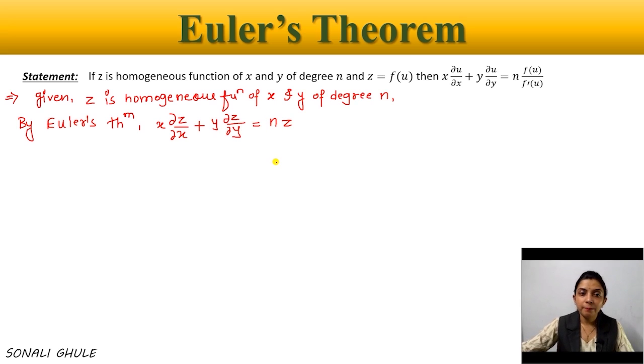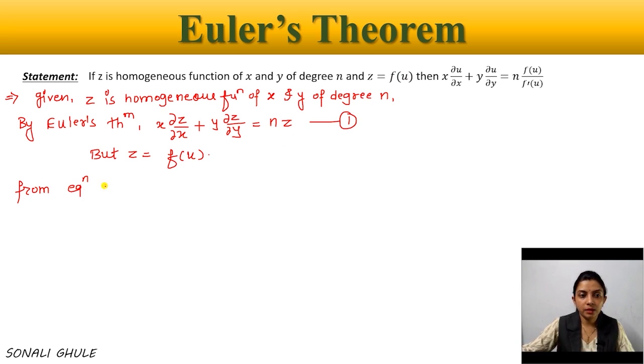Okay, but what is the value of z given to you? F of u, right? z is equal to f of u. So replace it here in equation 1. So what can I write?